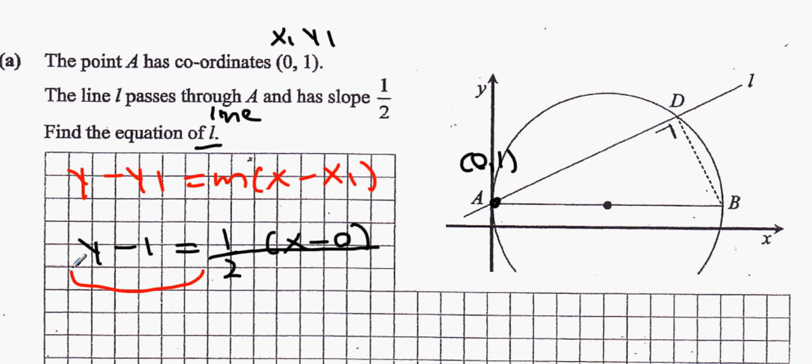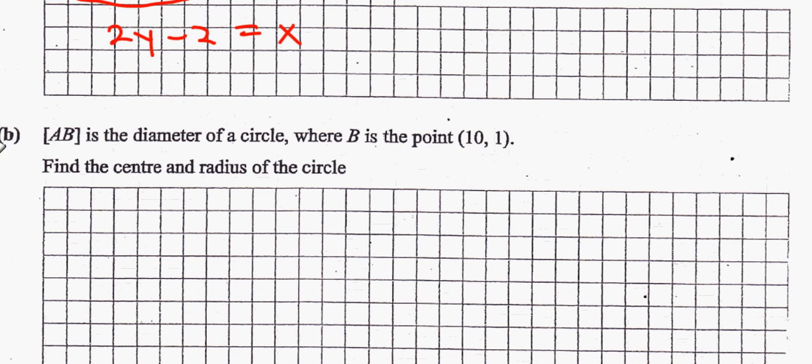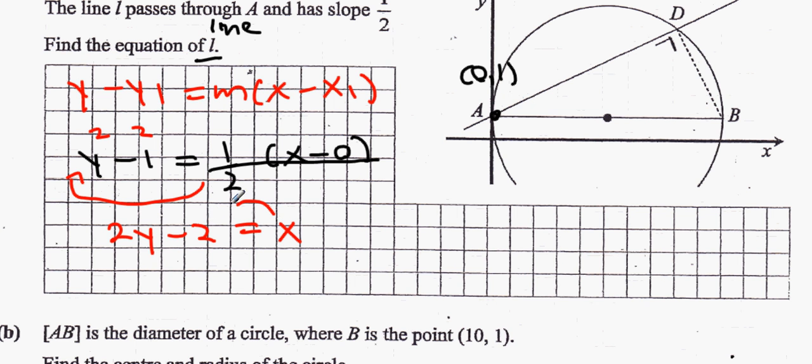So bring the 2 up there, and you're going to get 2y minus 2, because you're multiplying both of these by 2. And that equals x. Then you can bring x over the other side. And what we get is minus 1x plus 2y minus 2 equals 0. And what we can do here is multiply this by minus 1 if you require it in the form x minus 2y plus 2 equals 0. Both answers are acceptable. Okay.